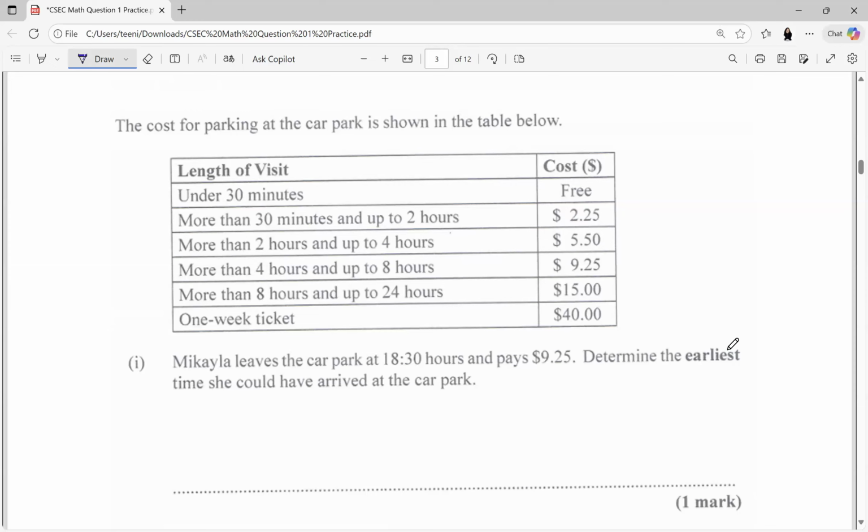They want us to determine the earliest time, so we calculate for the longer number of hours. So 1830 take away 8 hours gives us 1030.